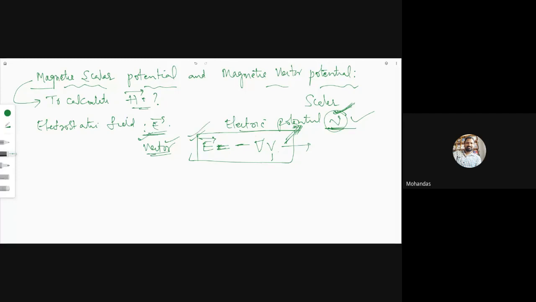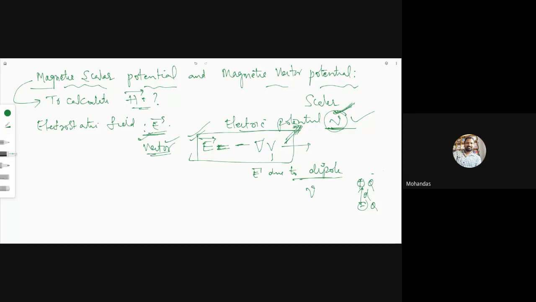Once we calculate the electric potential, we can calculate the electric field intensity, and we used this equation to calculate electric field intensity due to a dipole. What was the procedure we followed? First, we calculated electric potential due to the dipole. What is an electric dipole? Two charges, positive and negative, separated by a small distance d, is called a dipole.